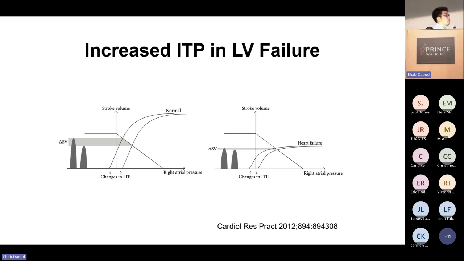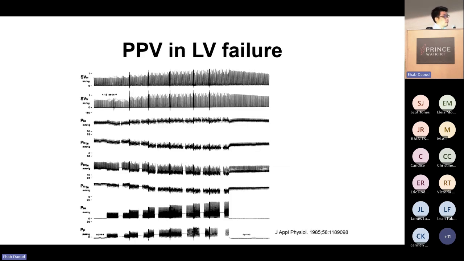Here, this is also an animal study done by Dr. Pinsky in 1985. As you can see, they gradually increased airway pressure, and then they recorded how other hemodynamic parameters changed, especially with a special focus on the LV.